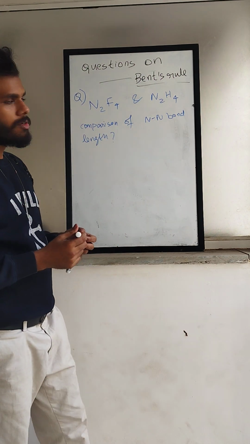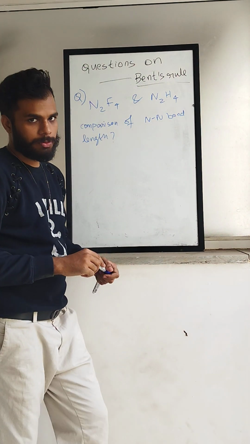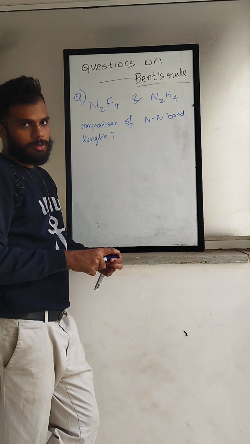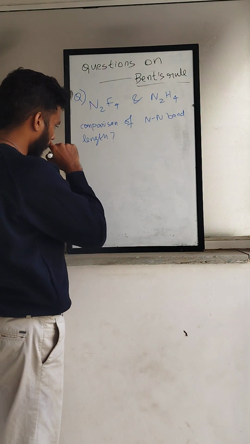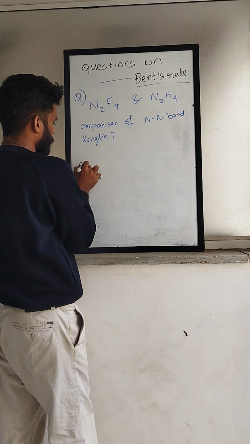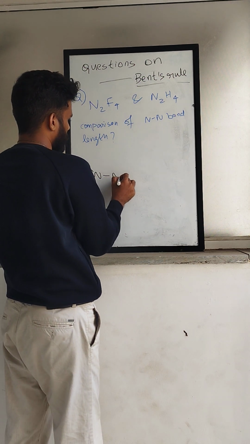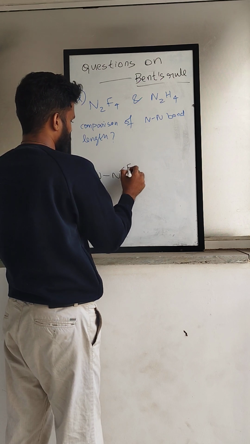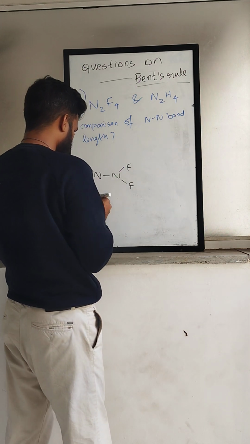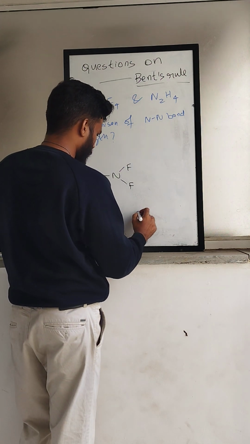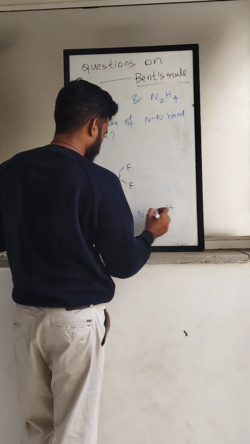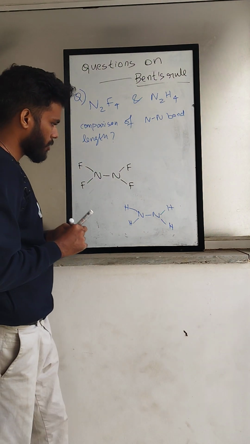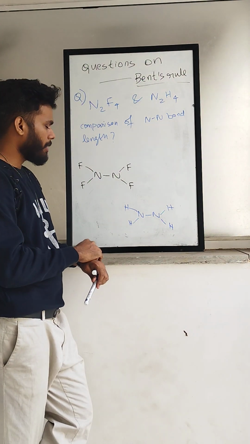Usually in this type of question, the comparison is for either the NF bond or the NH bond, but here the question is about the NN bond in different compounds, right? So you have this, and obviously there is a lone pair, but that's not our worry, because that's the same in both cases.